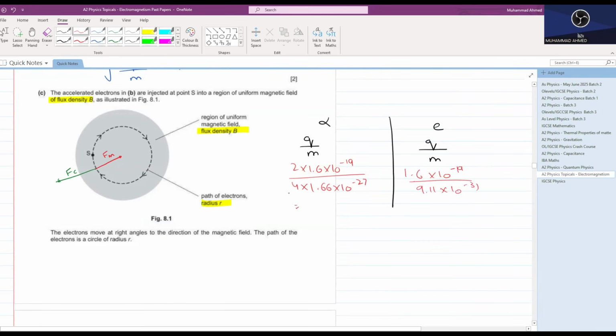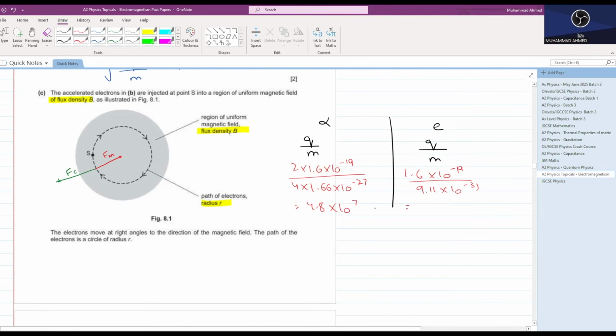Let's put these values in the calculator. 2 into 1.6 into 10 raised to the power of minus 19 divided by 4 into 1.66 into 10 raised to the power of minus 27 gives a value of 4.8 into 10 raised to the power of 7.